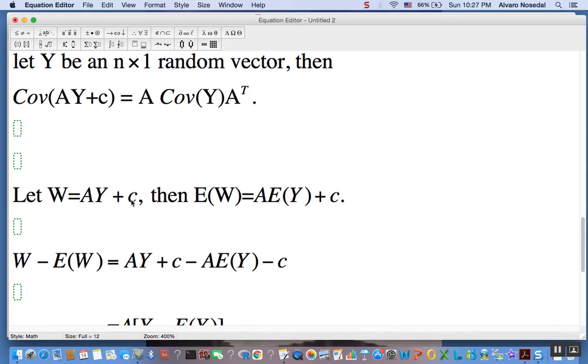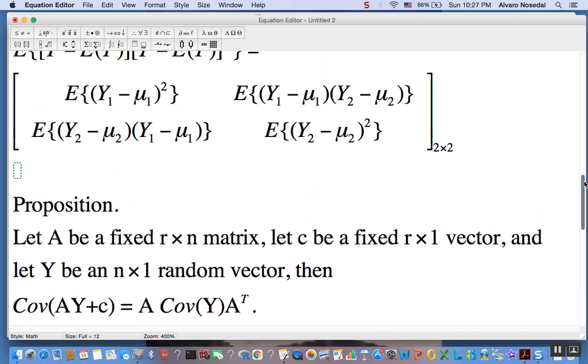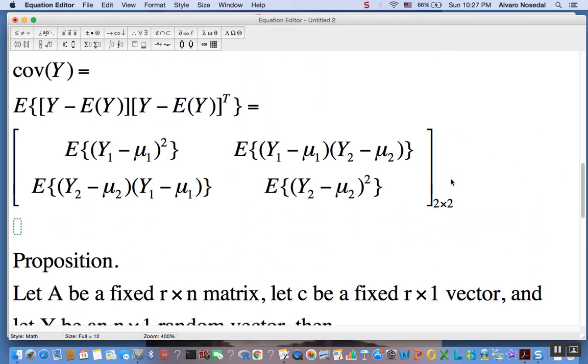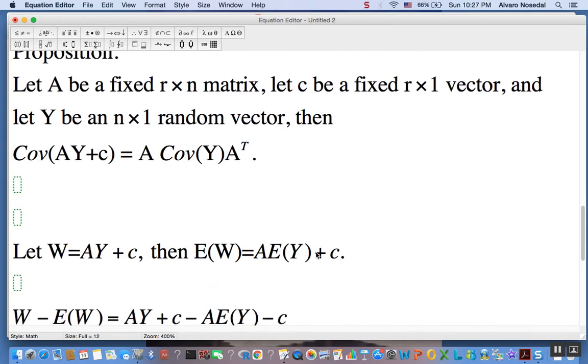And as long as this vector C has the right dimensions. The only part where we used a simple example was when we were trying to really understand the definition of the covariance matrix of Y. But this was just very general.